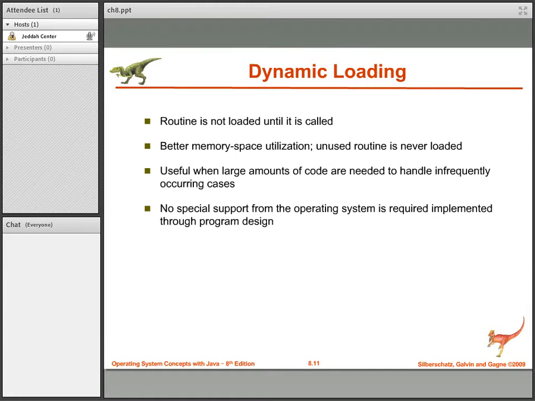This gives better utilization of the memory space, so that if a routine is unused, there is no need to load it. The routine is loaded only when it is called.